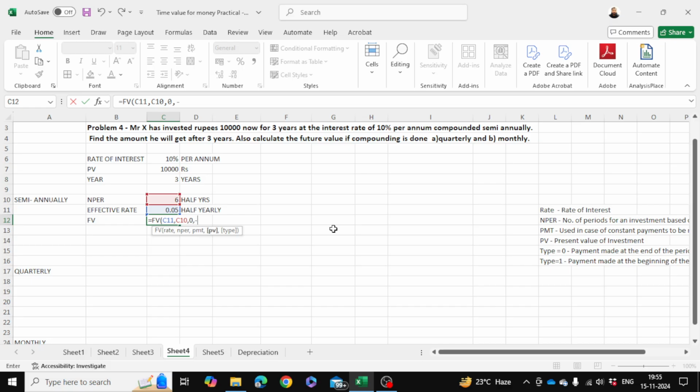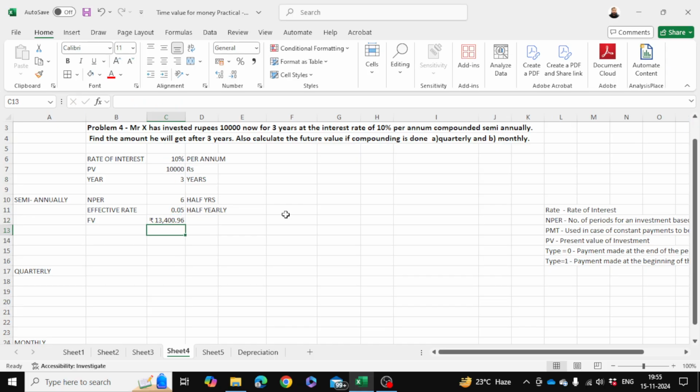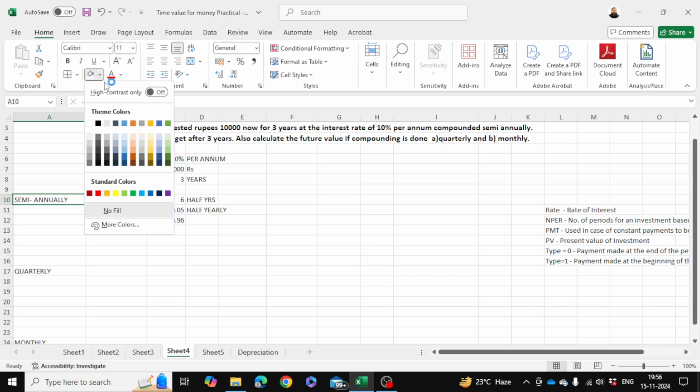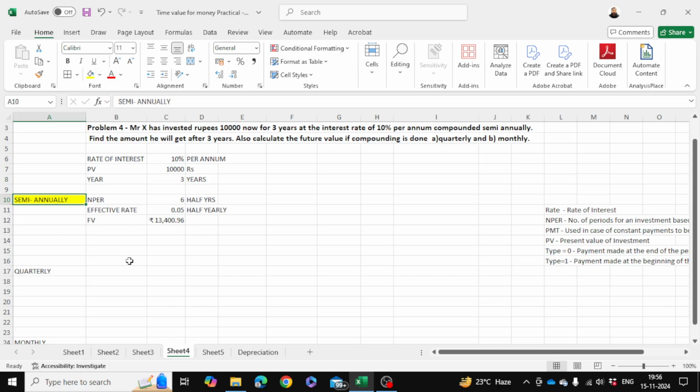PV you are supposed to take, that is the value, and at the end of the year take type, and if it is not given you can directly take 0. So this is the value you will be getting in case of half yearly. You can mark it separately.